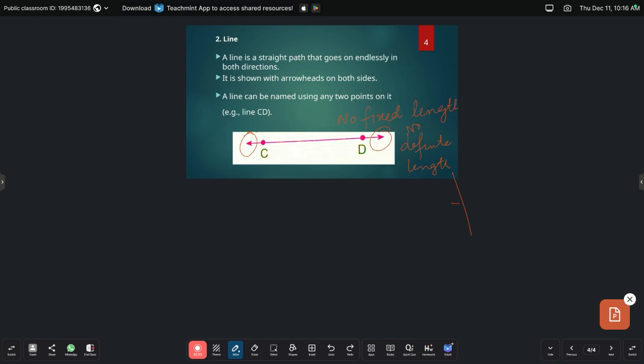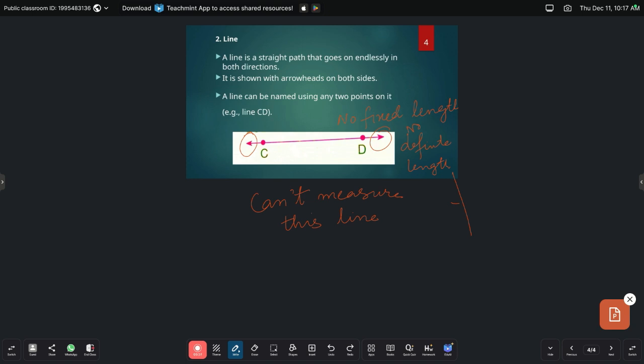As this line has no definite length, we cannot measure this line. Why? Because this line can be extended in both the directions. It has no fixed length, so we cannot measure this line.